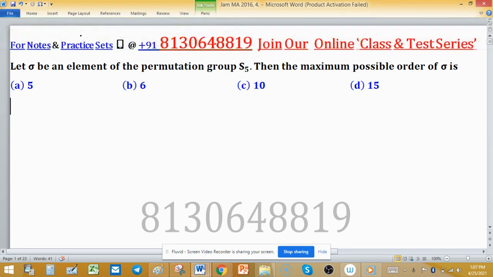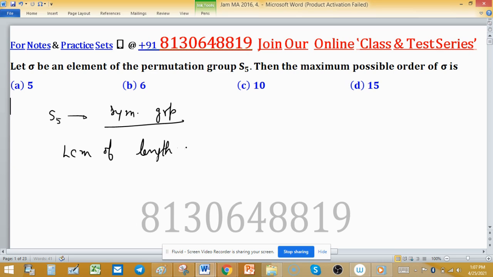We know that the order of an element of the symmetric group on 5 symbols, S5, is the LCM of the lengths of its disjoint cycles.